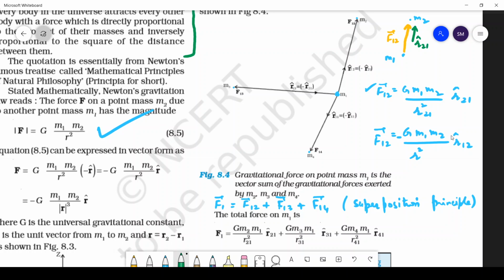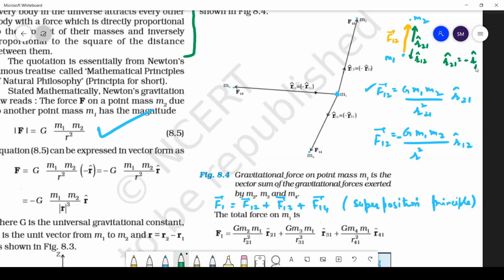And if you take R12, that's the direction of R12, which is opposite to F12. That is why we have a negative sign here. R21 is equal to minus R12, because the magnitude of the unit vectors is the same, but they are in opposite directions. So R21 is equal to the negative of unit vector R12.